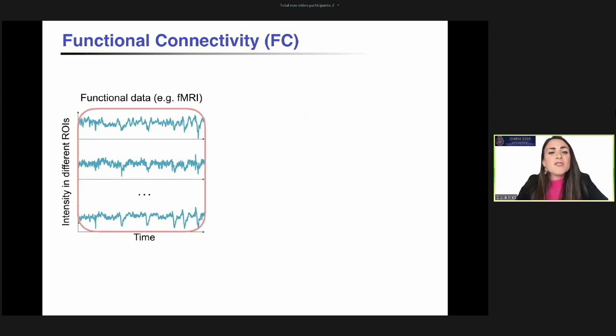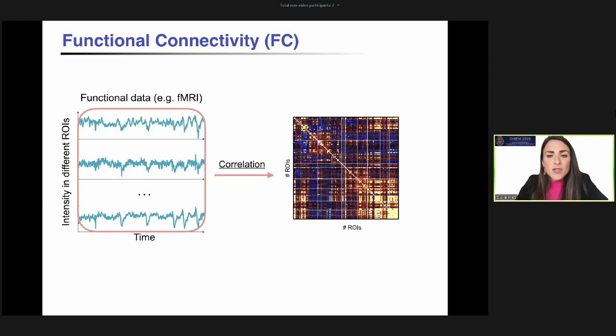In fact, it means just computing pairwise correlations. And this yields a connectivity matrix, which is an ROI by ROI matrix in which each entry actually includes the correlation for each connection. So this is what we refer to as static functional connectivity.